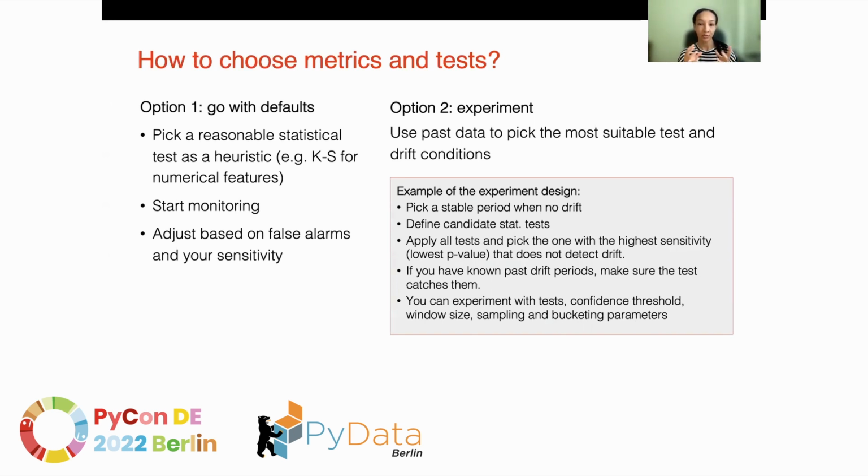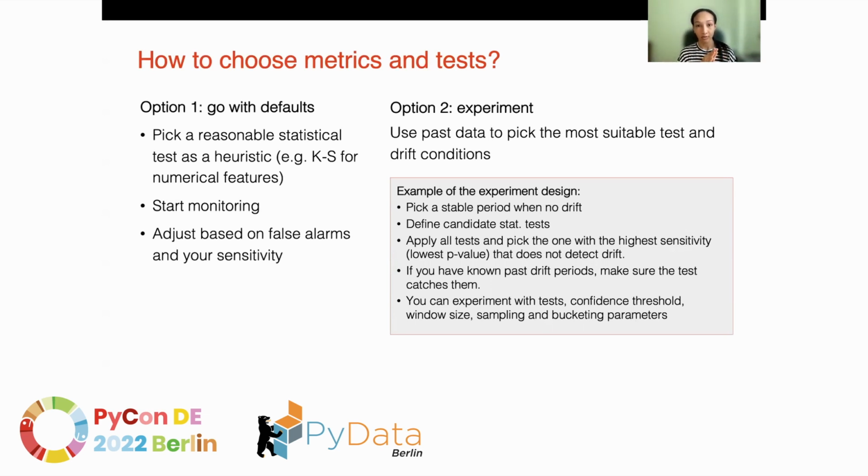Then you can pick the most sensitive test, mainly with the lowest p-value, but one that still does not detect drift. So this test works well because there is no drift and it does not detect that, but it's very sensitive. And if the data differs a bit much, it will say that this is data drift.